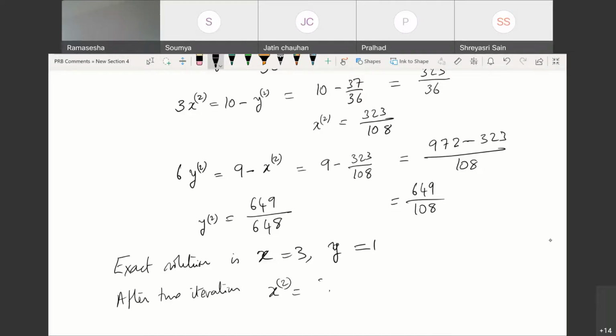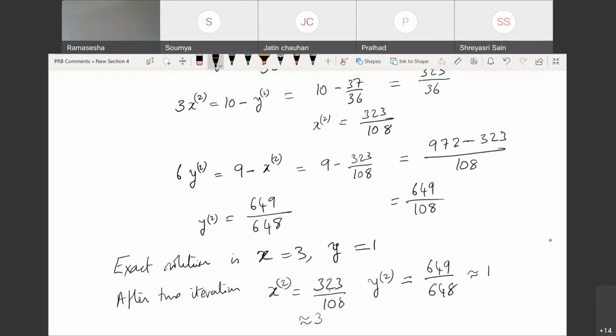And y2 is 649 by 648. How much is 649 by 648 roughly? 1 point something. How much is 323 by 108? Roughly 3. So now you see that I have got the solution within 2 iterations, which is pretty close.